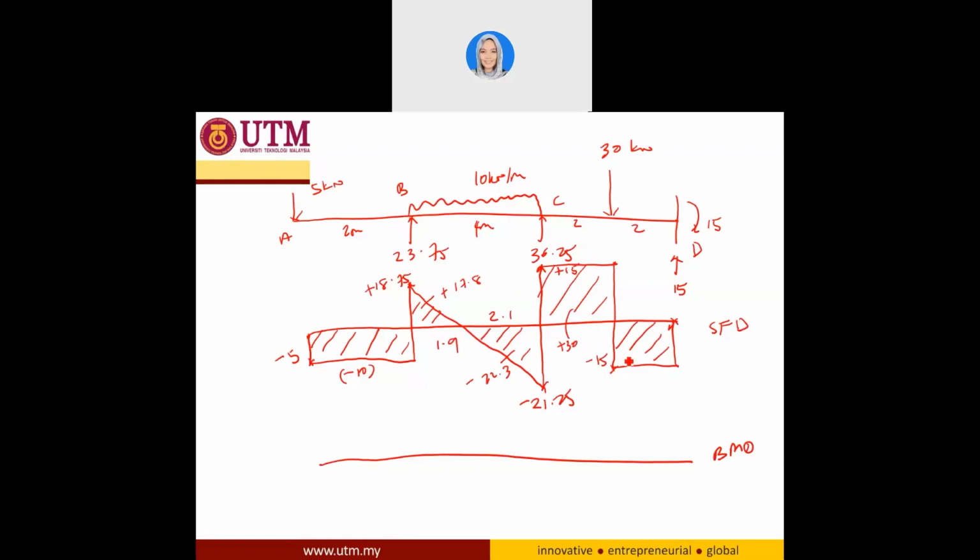Okay, and this one is -15 times the distance 2, I will have -30.